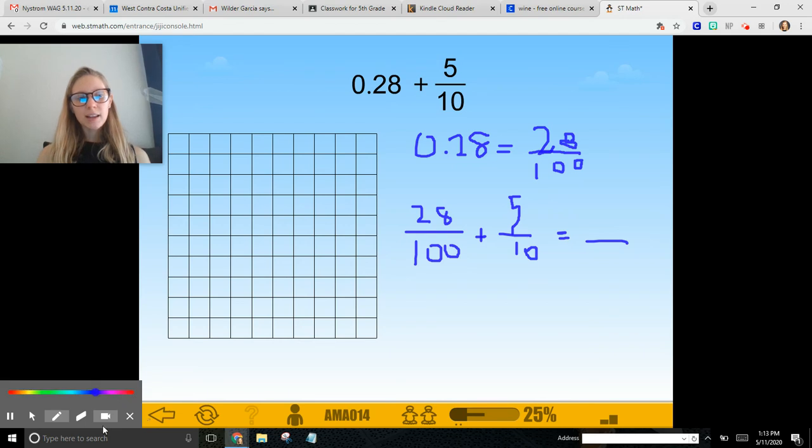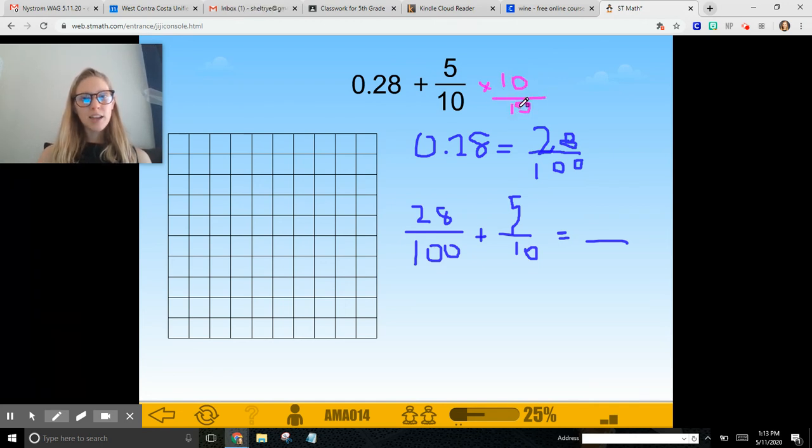And just like that last one, we cannot add 2 different fractions when they have different denominators. So we have to change them so they stay the same denominator. So we're going to multiply 5/10 times 10 over 10. So we also know that 10 over 10 is equivalent to 1 whole.